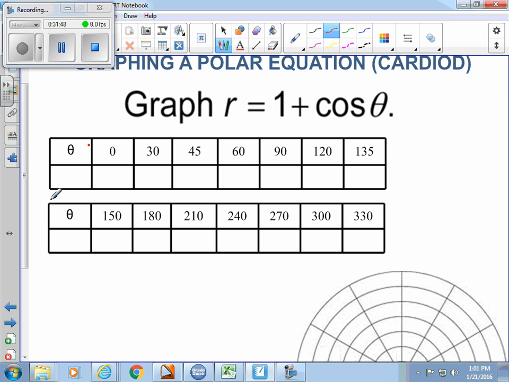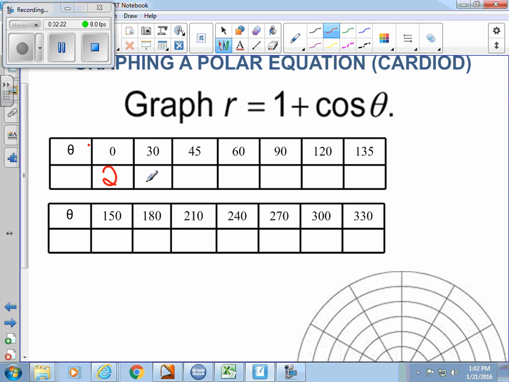So I'm going to graph one completely by hand. Obviously, if I have to go completely by hand, what am I going to plot? Unit circle points. And I'm even going to choose wisely on my unit circle points, right? I'm going to pick the ones that work out nice. Cosine of 0. Can I do that? Yes. What is cosine of 0? 1 plus 1 is 2. Cosine of 30 is a little bit tricky, right?